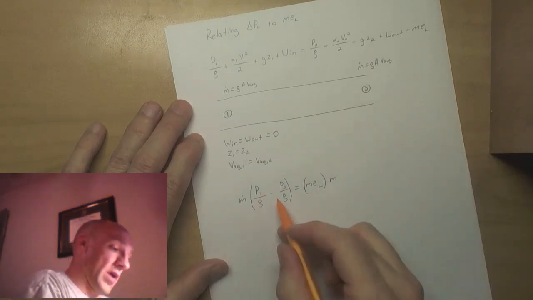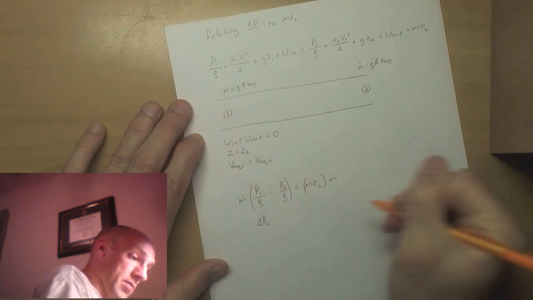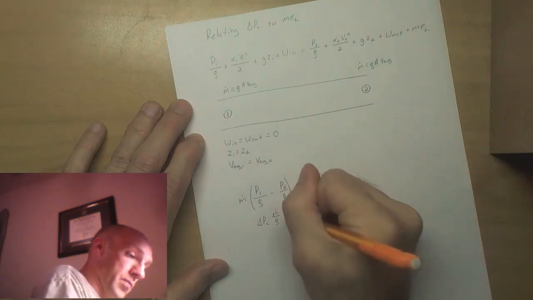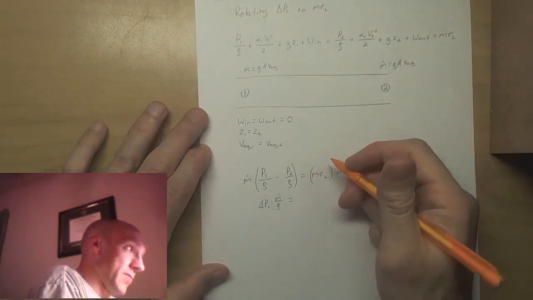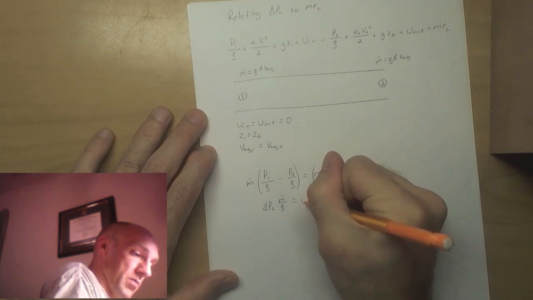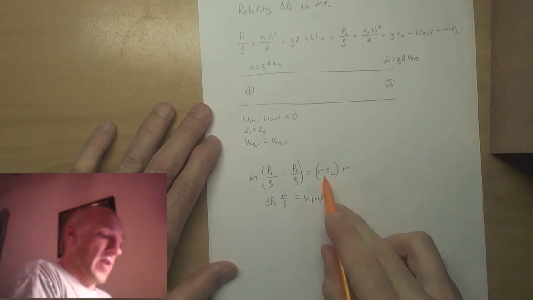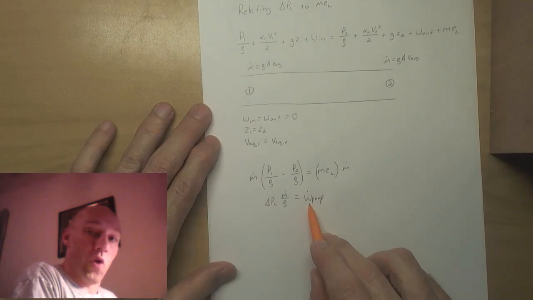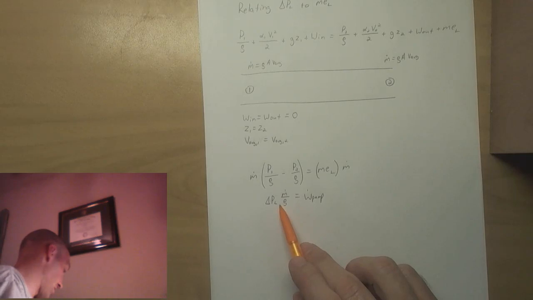So the mass flow rate times the energy lost per unit mass gives me the actual work lost. This is actually going to be the value that I'm after.